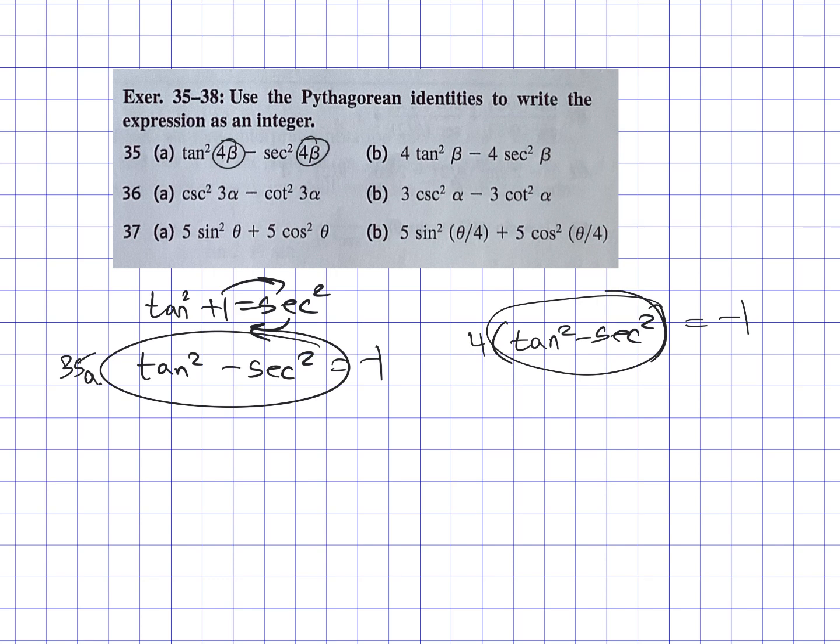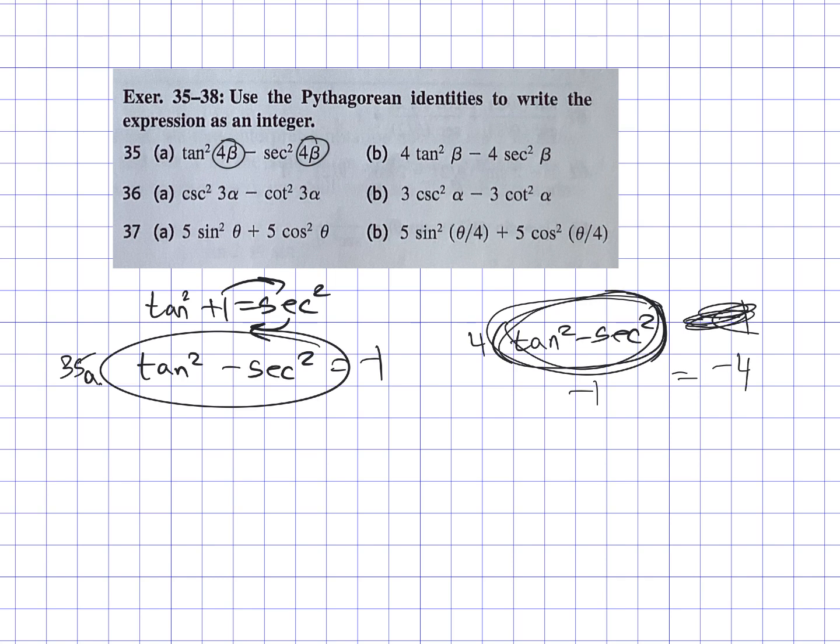I'm sorry. So this tangent squared minus secant squared, we already know is -1 from the last part A. So 4 times -1 is -4.